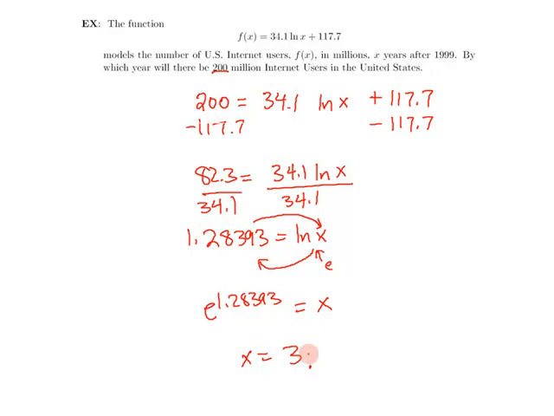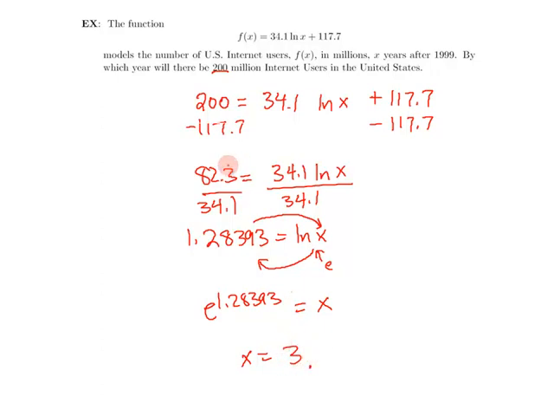I did something incorrect here. My division was off. Now I could easily go back and correct this with the video clip, but I want you to see that sometimes we make mistakes and we've got to fix them. You've made mistakes on your homework, I'm sure, and you had to go back and fix them. Here I've got an error somewhere, and I recognized it because this seemed a tad soon for millions of Internet users.